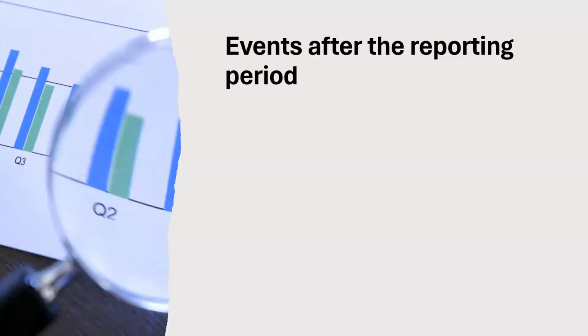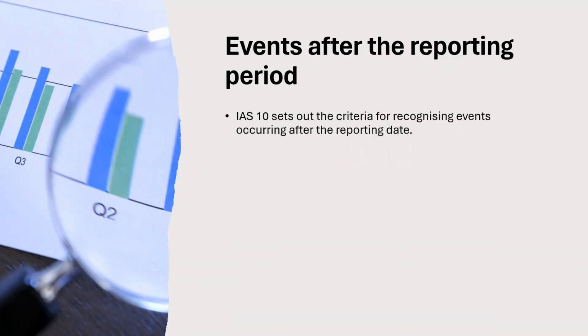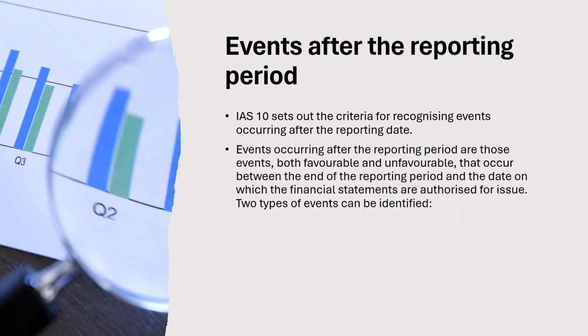Okay. So let's look at events after the reporting period. Some would choose to say events after the balance sheet date. International Accounting Standard number 10. Very easy standard, very brief standard. IAS 10 sets out the criteria for recognizing events occurring after the reporting date or after the balance sheet date.